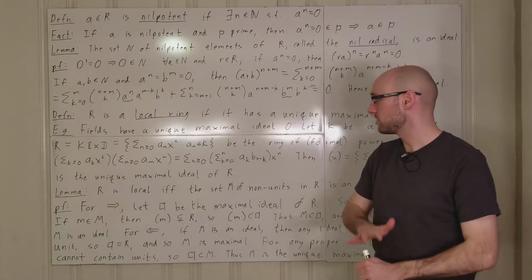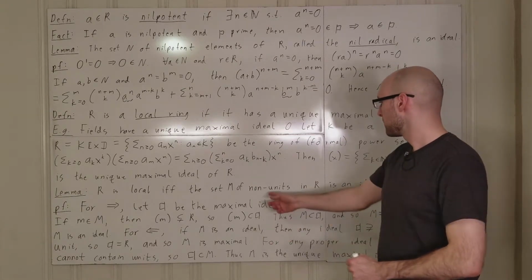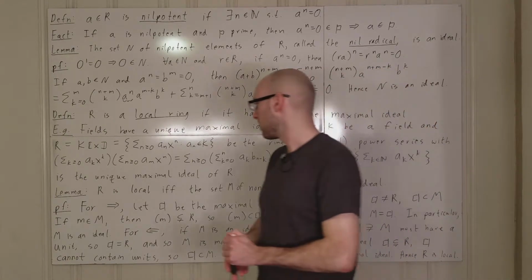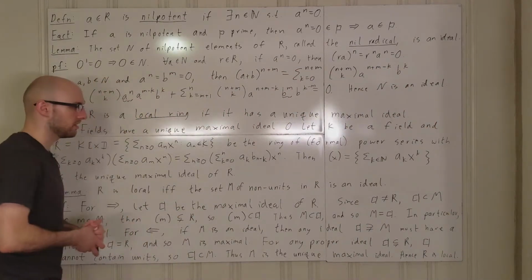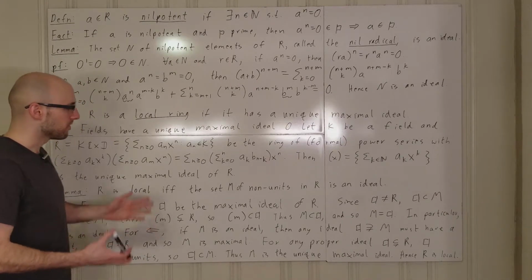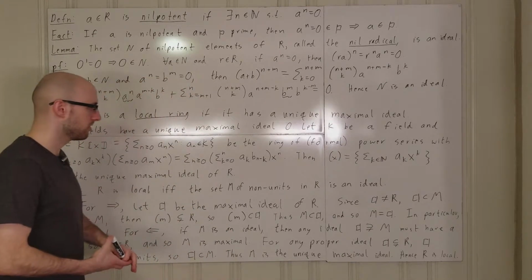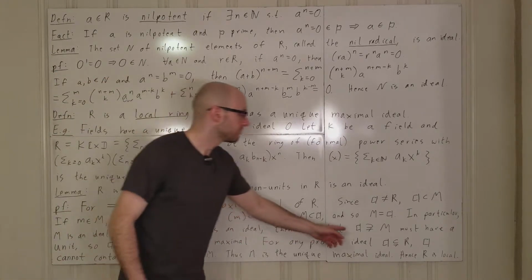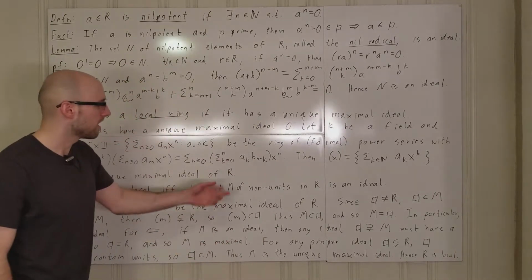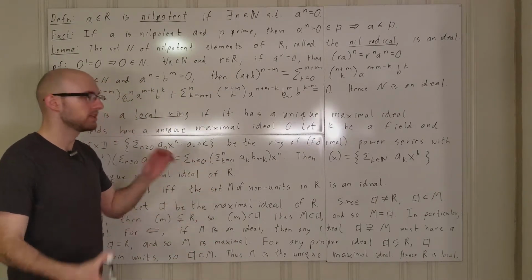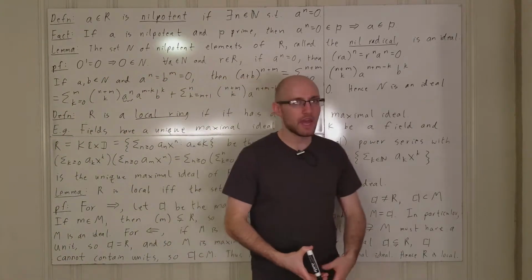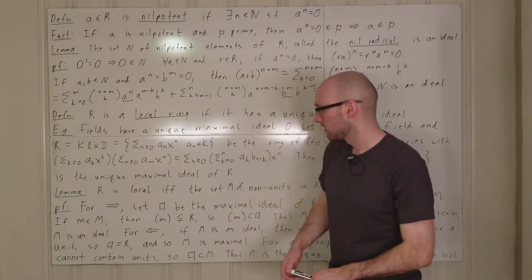For the backwards direction, suppose the set M of non-units is an ideal. Now suppose we take any ideal A which properly contains M. Since M is a set of non-units, the fact that A properly contains M implies that A must have a unit.